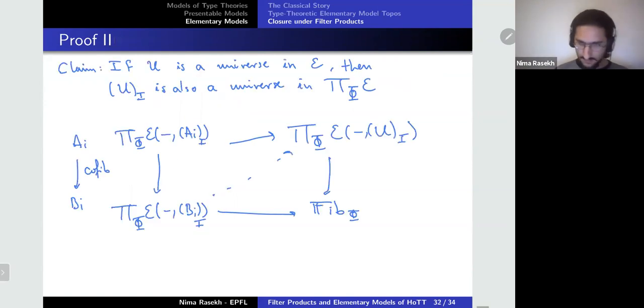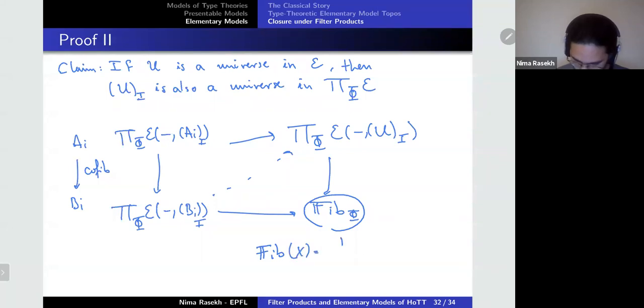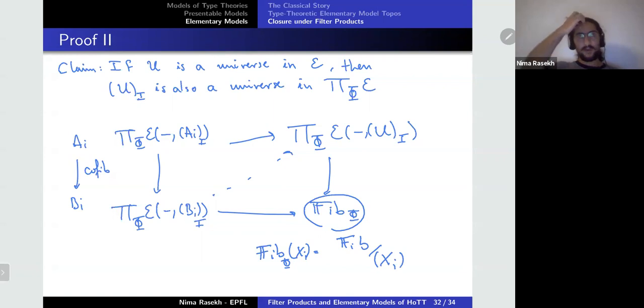Let me come back here. This functor has values: Fib of X is fibrations over X_i. But the problem, if you recall, is that a fibration over X is only a fibration from some point on, like a fibration in the filter.